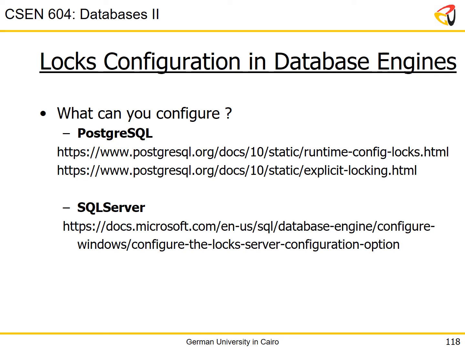Your strategy should be to check the operating system documentation to see if you can actually change its locking procedure, or at least know what kind of locks it supports. For example, if you look at the documentation of Linux, certain versions support increment locks, which are very, very important, because most of the time what we are doing with numeric columns is incrementing and decrementing them. So having an increment lock is an amazing advantage from the operating system for you as a database engine developer.